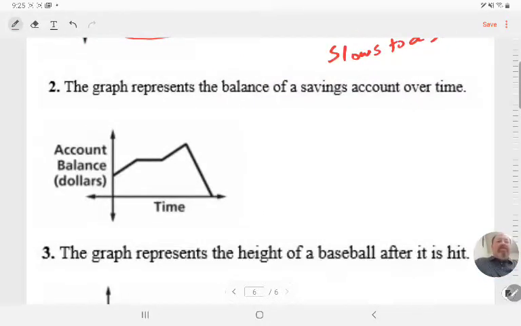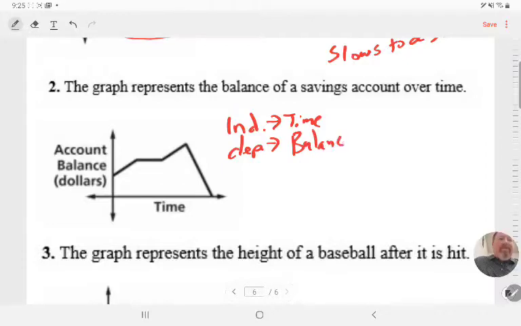The graph represents the balance of a savings account over time. So the independent is going to be time, and the dependent is going to be the account balance, because it's dependent upon the time.